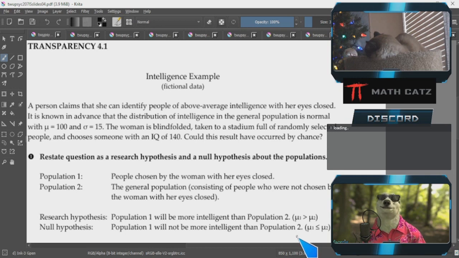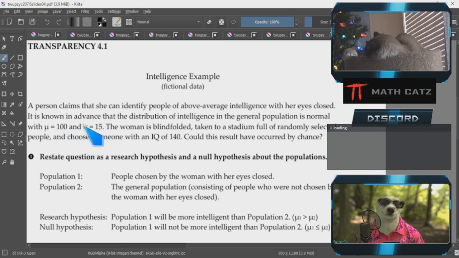Now, of course, there will be some variation in the IQ of people you select, regardless if you're skilled or not, like this person claims. So even though the mean is 100, the standard deviation indicates that you're going to get numbers around 100.